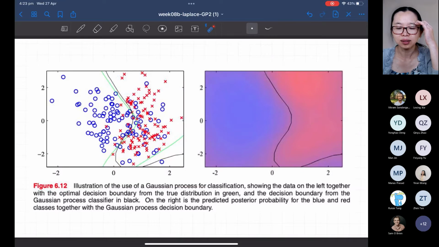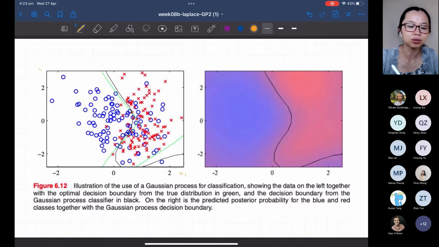What this does is, there's a two-dimensional input, x1 and x2, and a whole bunch of training data. For the Gaussian process decision boundary, we just draw the contour of the decisions, where the probability of t equals 1 is 0.5.